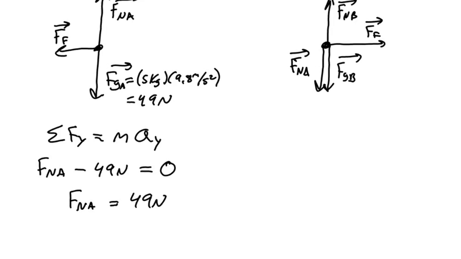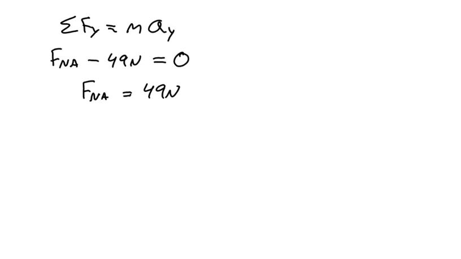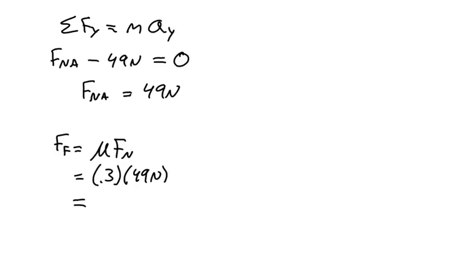Then I can find the frictional force by doing the force of friction is equal to mu times the normal force, which was 0.3 in this problem, times 49 newtons. So our frictional force then is going to be 14.7 newtons.